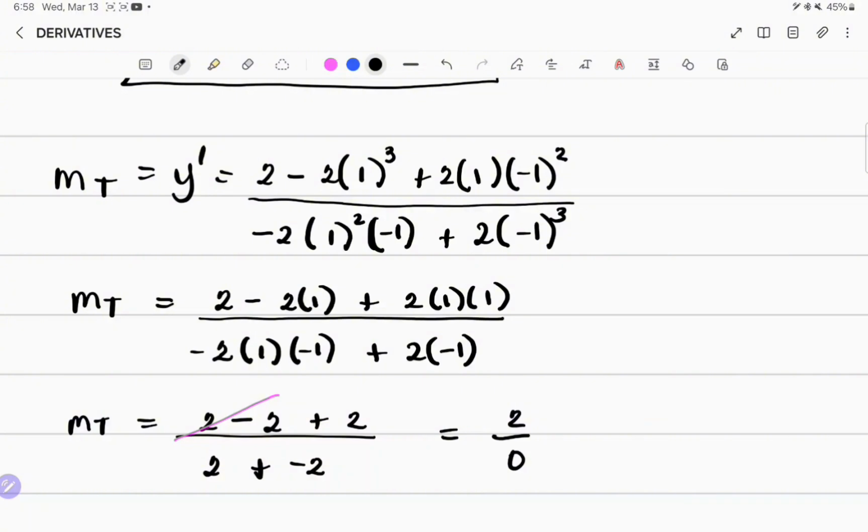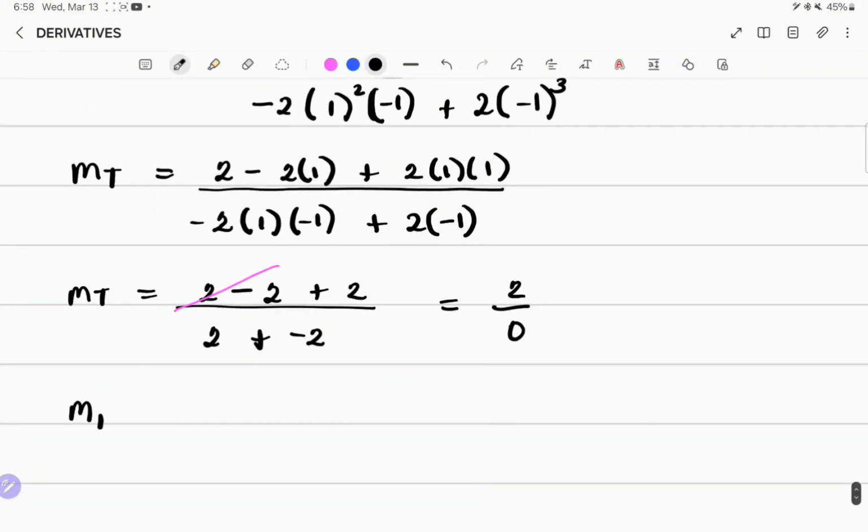So meaning the line is perpendicular to the ground. The line is vertical. And we could say that the slope of the normal line is the negative reciprocal of the slope of the tangent line.